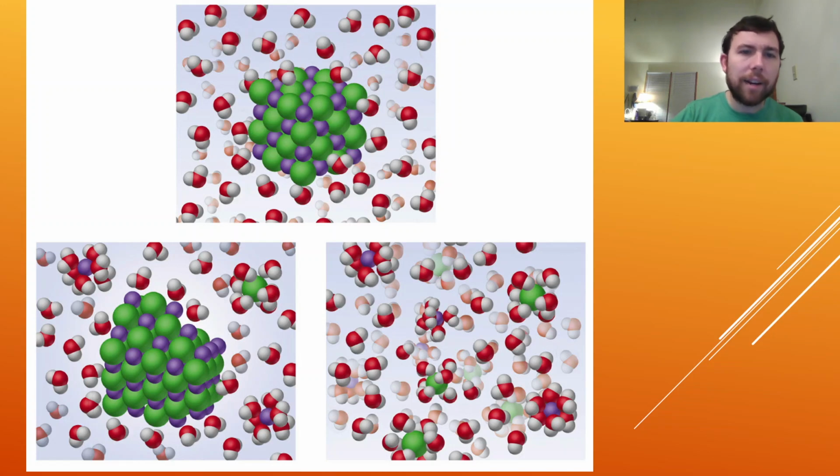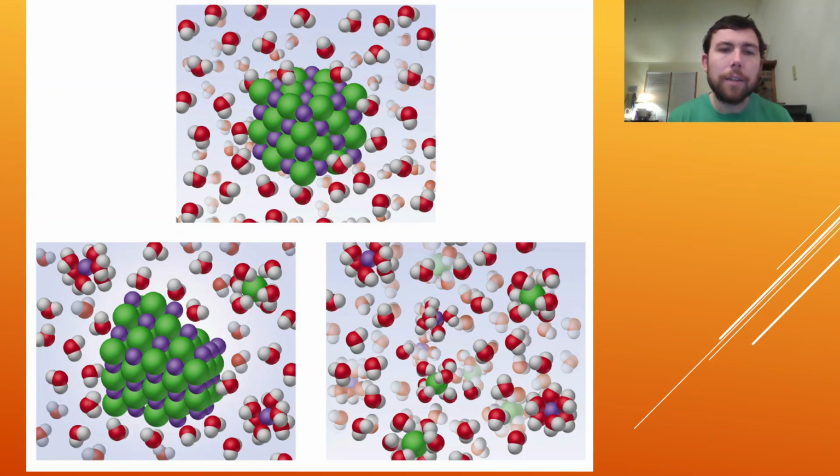As this happens, the water molecules are going to begin to form ion-dipole interactions with the sodium chloride salt. As you can see, the water molecules are going in and orienting themselves so that the polar ends of the molecules match up so that new interactions can be formed.